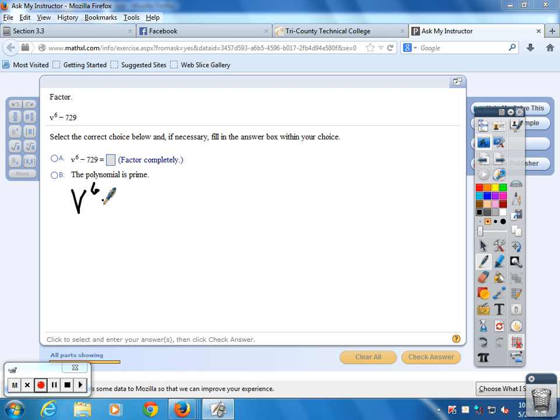V to the 6 minus 729. Shortcut number 5 says I'm going to take the cube root of this and the cube root of this. The cube root of v to the 6 is v what? Squared. Plus, we said that the cube root of 729 was what? 9. Oh, it should be a minus.